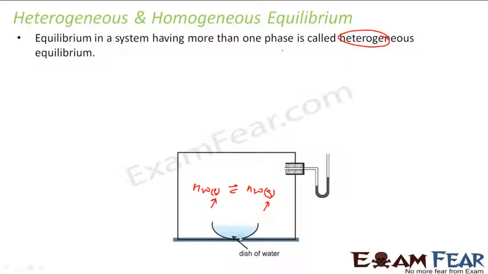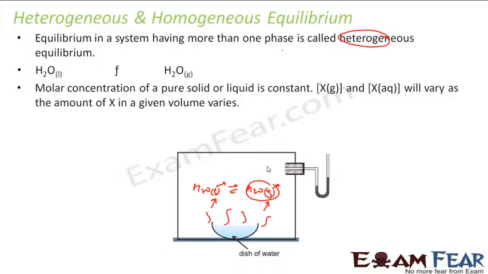If you keep a water bowl in a box, it will evaporate on its own, and then you will have water in the gas form in this box and water in the liquid form here, and there will be an equilibrium after some time. So in this case there is a gas phase and a liquid phase. This kind of system is heterogeneous equilibrium. This is an example of heterogeneous equilibrium.